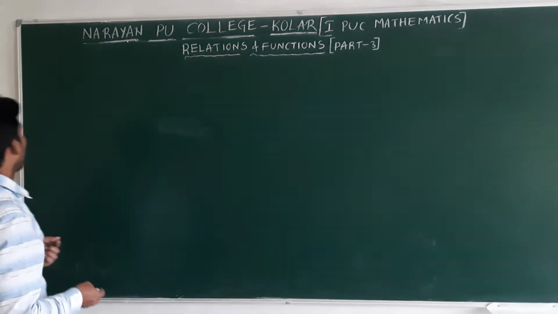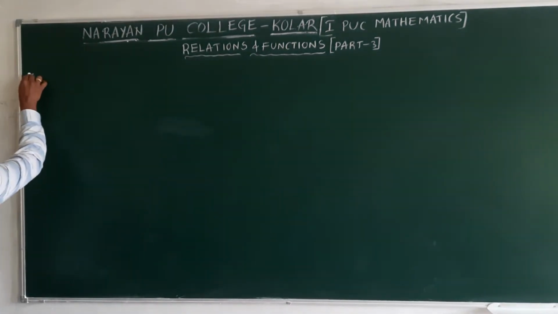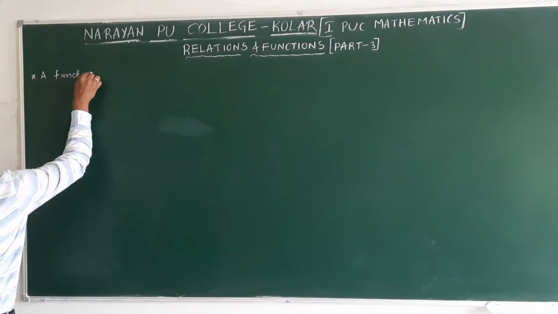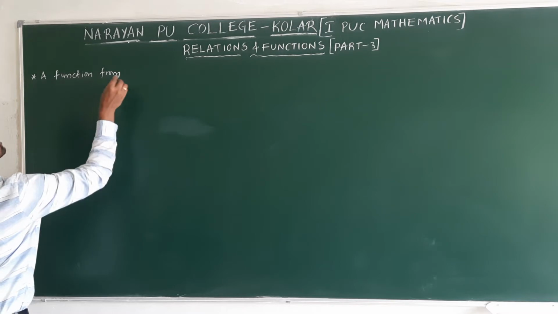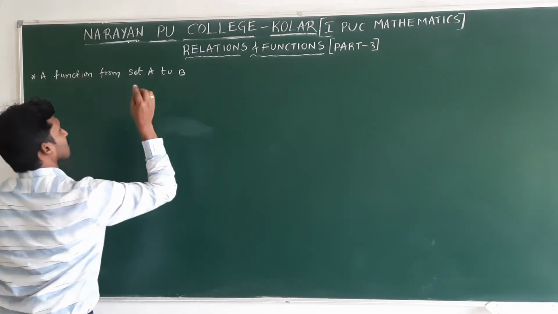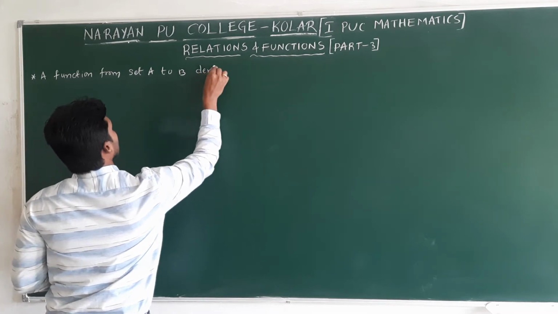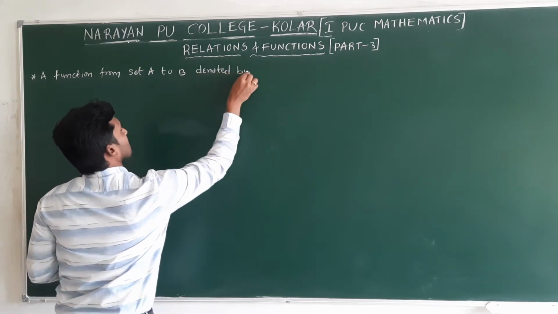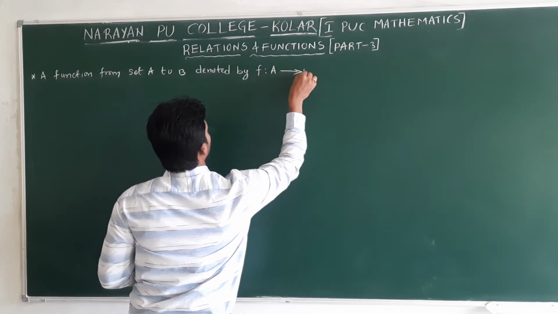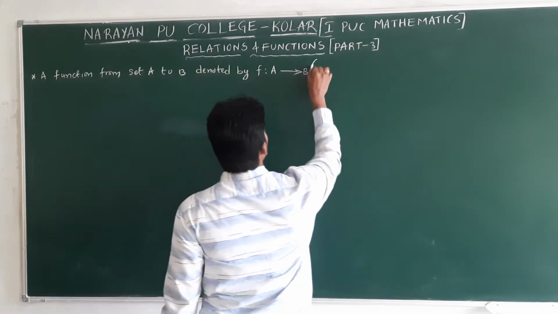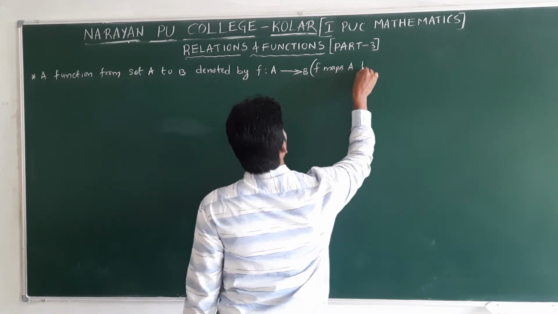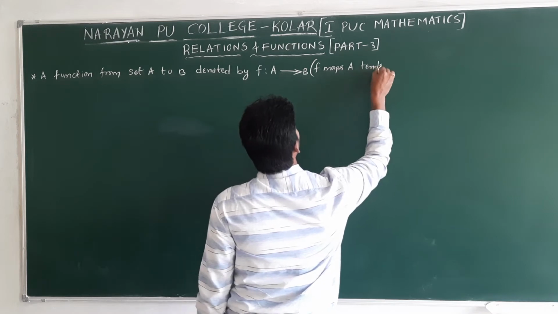Generally, a function from set A to B is denoted by f: A → B. How to read this? F maps A to B.